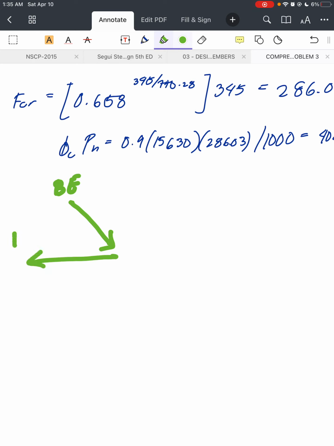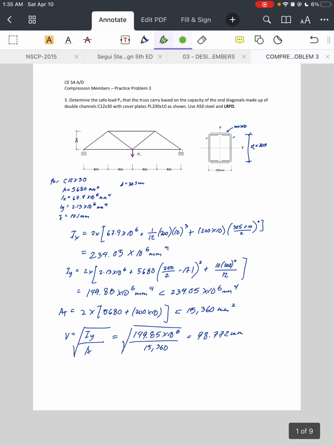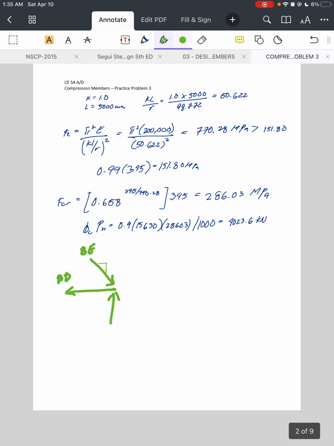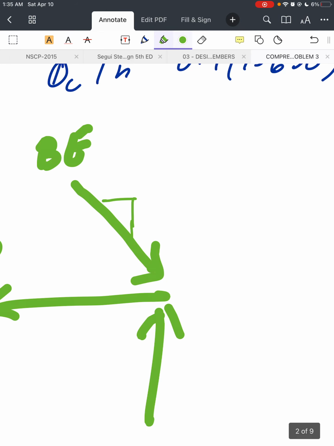This is your BD. And this is your R. Looking at the dimensions of our truss, we can say that the coordinates are 4, 3, 5.